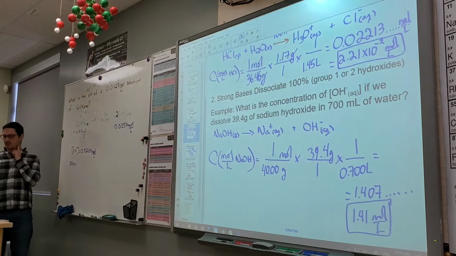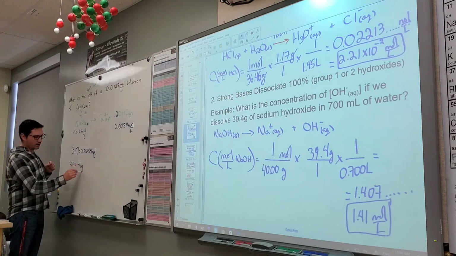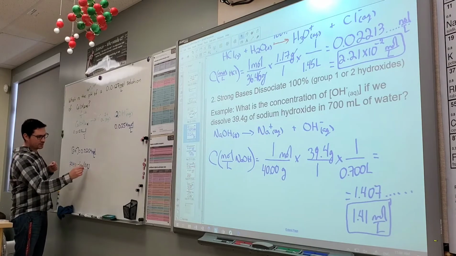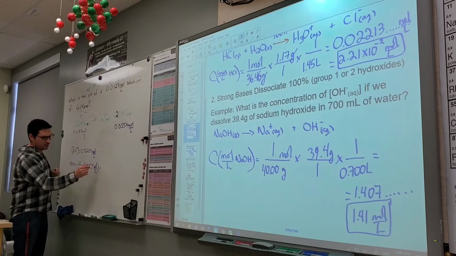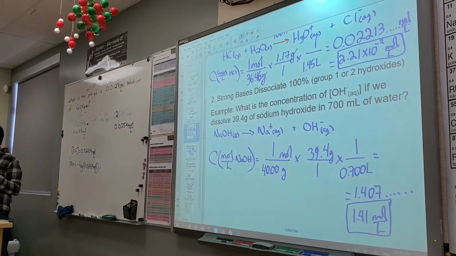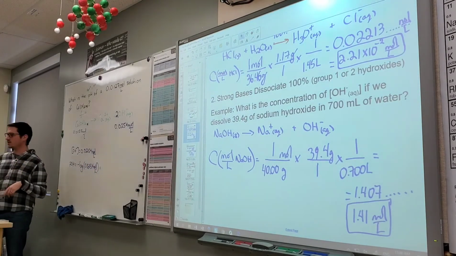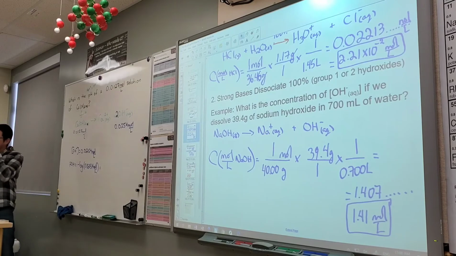So if my concentration of hydroxide equals 0.0254 moles per liter, then we can get pOH super easily. Do you agree? Negative log of 0.0254 moles per liter. So go ahead, prove to me that you can do this calculation on your calculator.